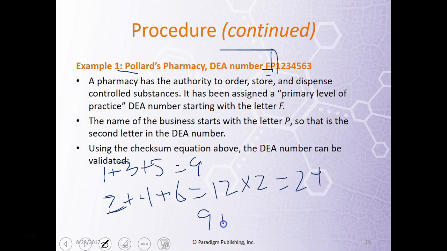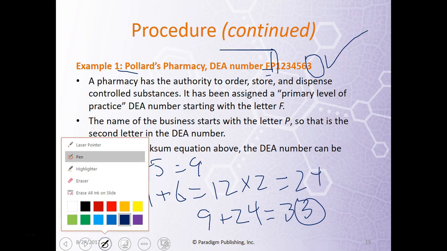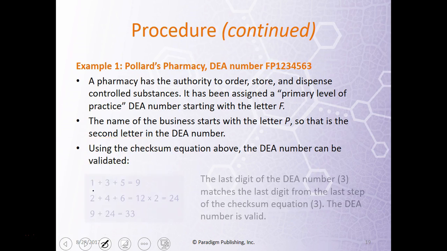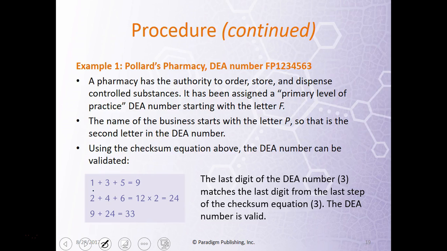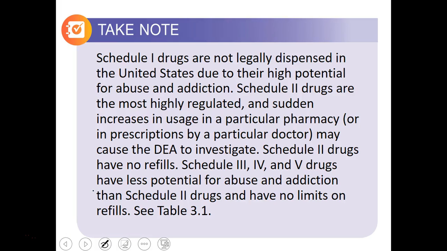So 9 plus 24 is equal to 33. And it ends in 3, and we have a check. So that one is valid. So that's the process as you're going through the prescription DEA numbers in your lab. So let's take a quick look back at that.